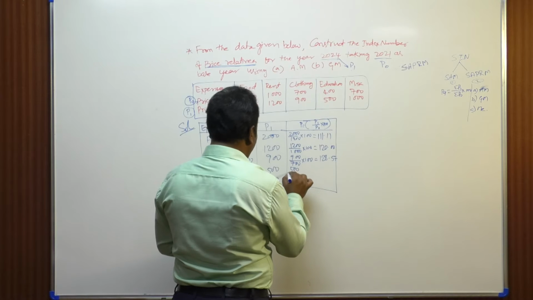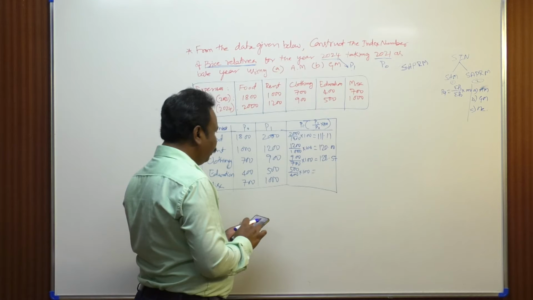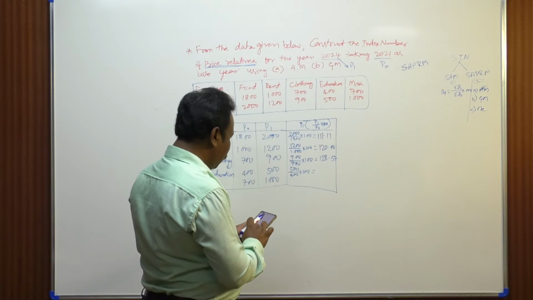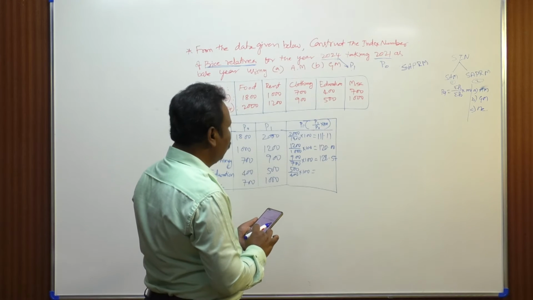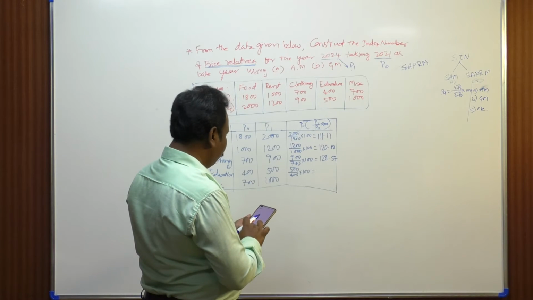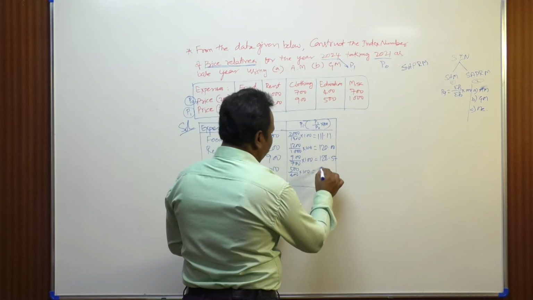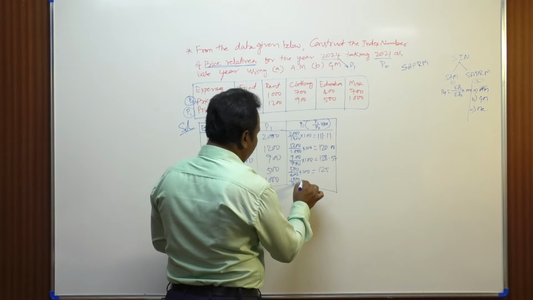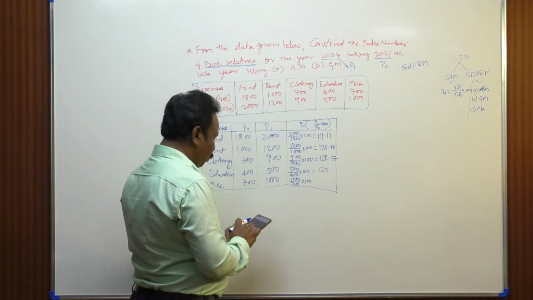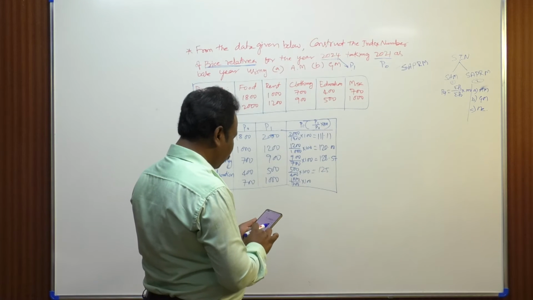Then 500 divided by 400 into 100 equals 125. Last one, 1000 divided by 700 into 100.